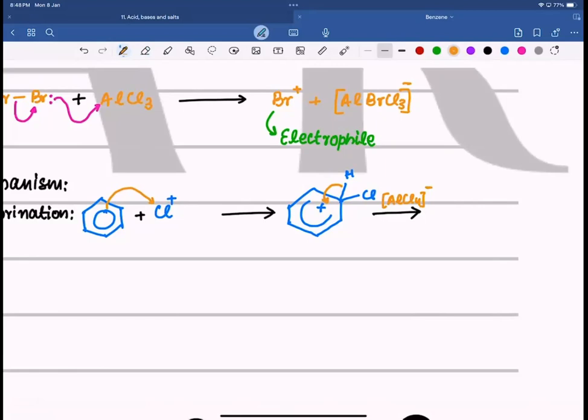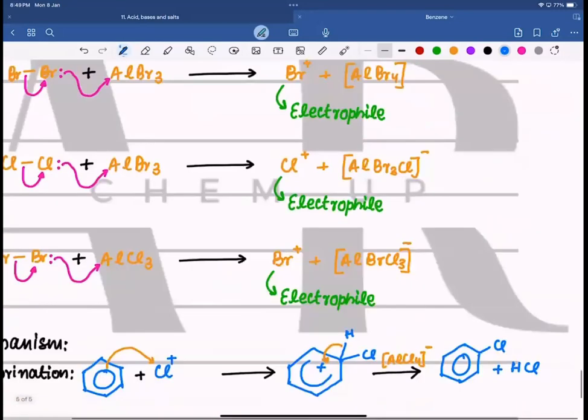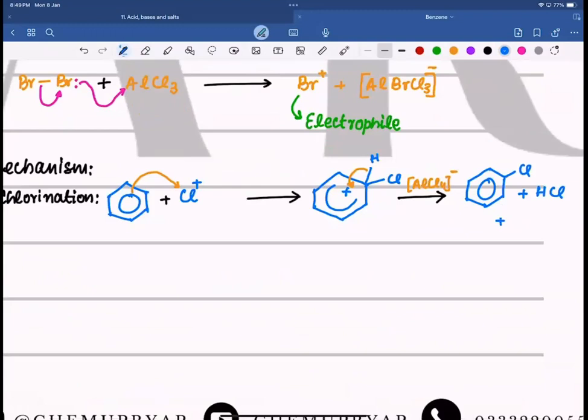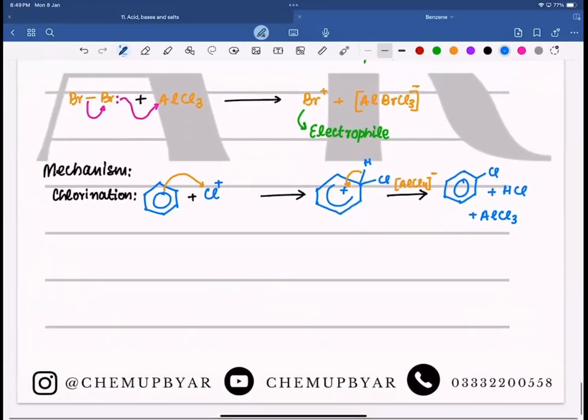We get benzene with a chlorine bonded to it. The hydrogen that comes out takes the chlorine from the AlCl4 negative, forming HCl. That was our second product in the equation. If you see over here, we are getting HCl, and AlCl3, the catalyst, is restored.